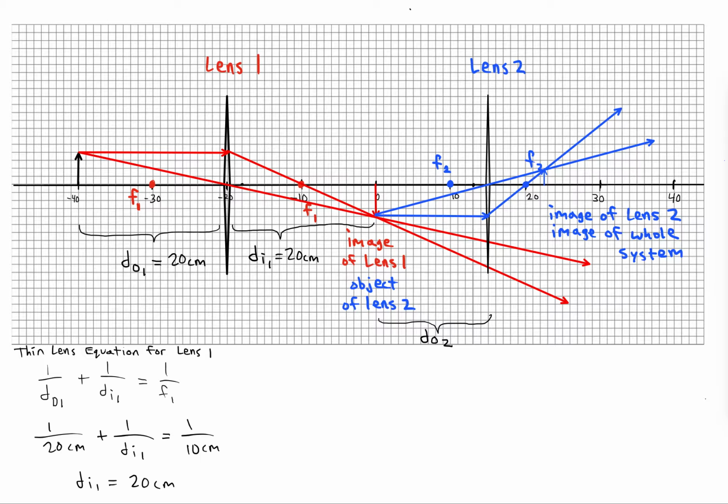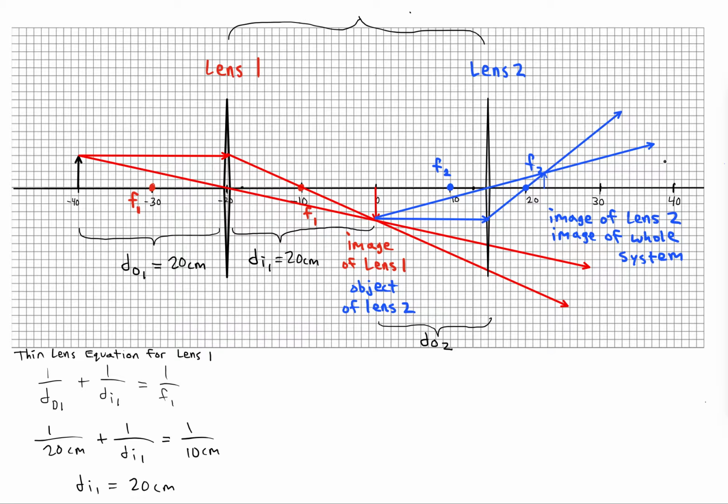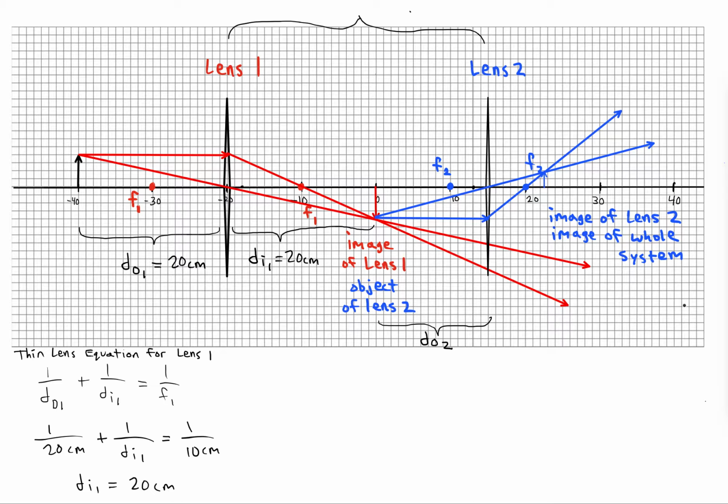So there's a formula that can help us find that, actually. And it has to do with the lens separation. So that distance there that I drew is the lens separation. If you look at the numbers on the number line, you'll find that it's 35 centimeters between the two lenses.